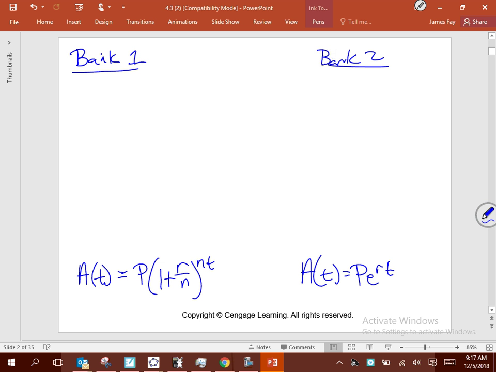Does that make sense? There are types of accounts called annuities in which you start with a principal, very similar to the principal that we start with here, but then every month you add something to it, or every year you add something to it. Like an IRA or a 401k, retirement plans. Those are different formulas.